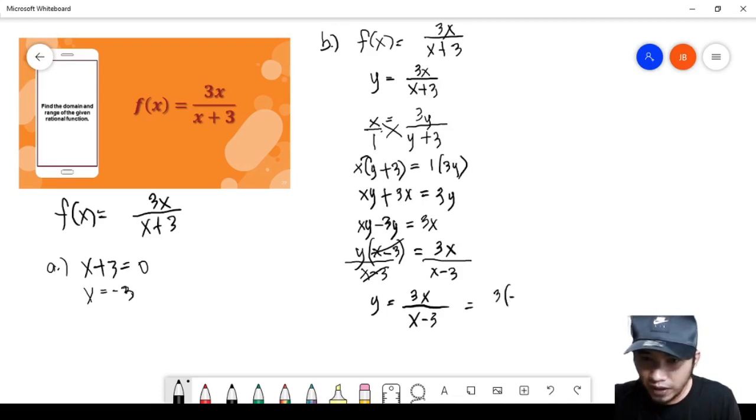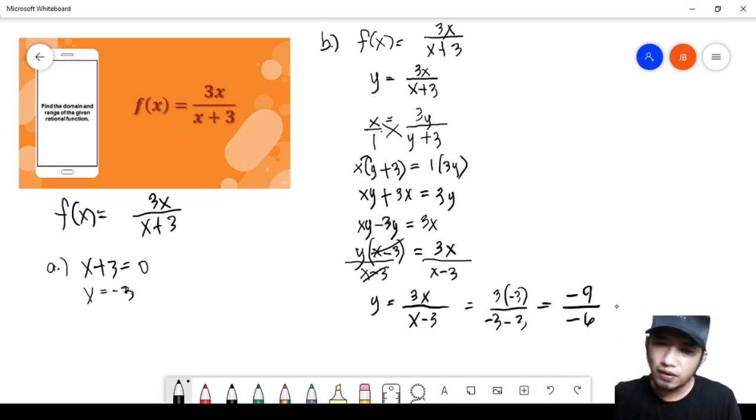3 multiplied to negative 3, and then negative 3 minus 3, that is negative 3 times 3 times negative 3 is negative 9, all over 3 minus 3 is negative 6. Okay?